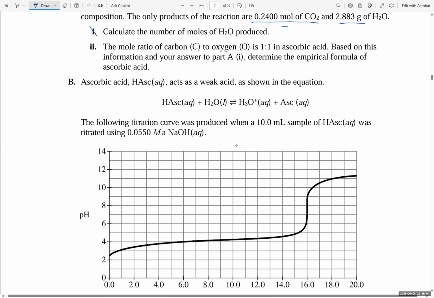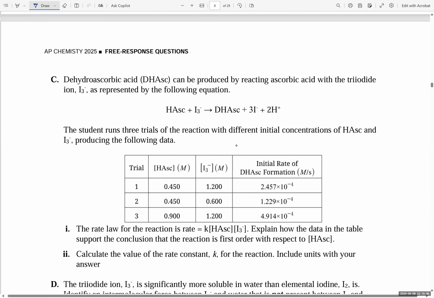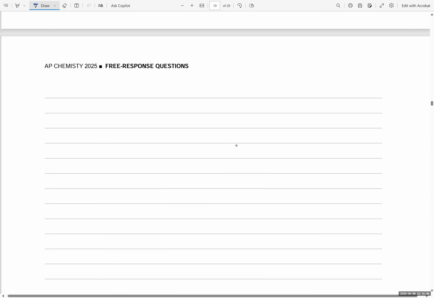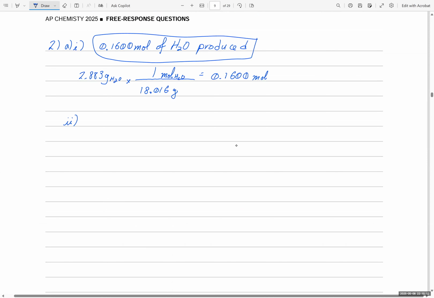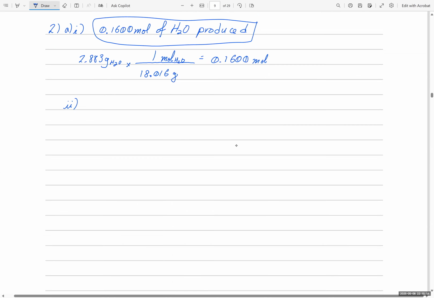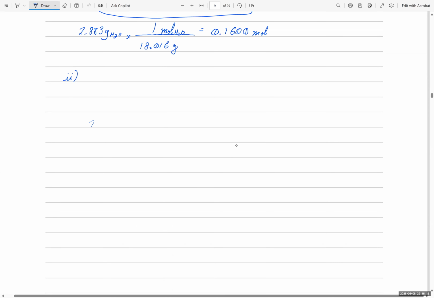All right, so let's take a look at moles of CO2. That came out to 0.2400 moles.